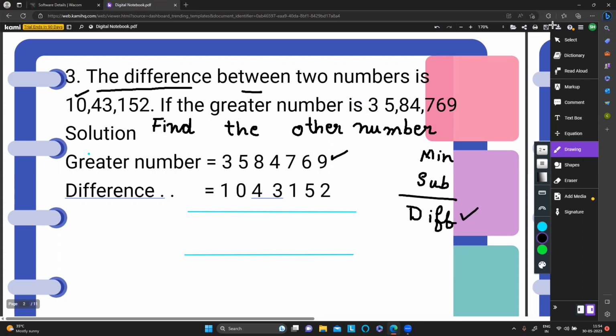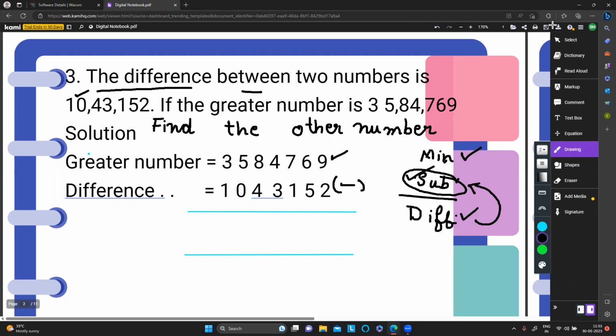If difference is given and minuend is given, if you are asked to find the subtrahend, then again you have to take this difference and subtract this difference from the minuend so that you will get the subtrahend. Okay, so the greater number you should always write in the top, and the difference that they are saying they have obtained is 10,43,152 should be written in the bottom.